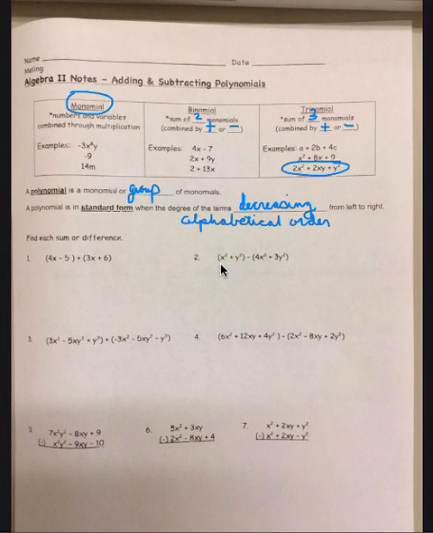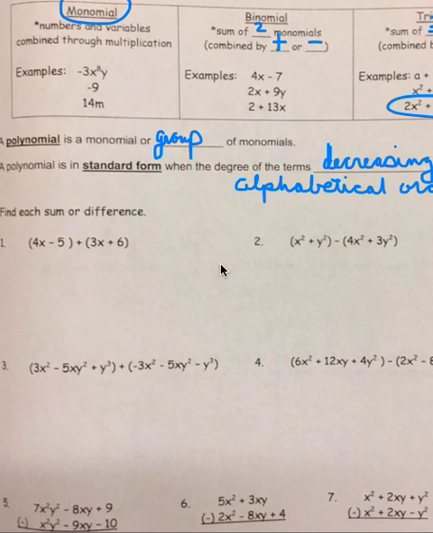And so the first one, 4x minus 5 plus 3x plus 6. So what we want to do is combine the x's. 4x minus 3x is going to give us x. And then our negative 5 plus 6 is going to give us 1.